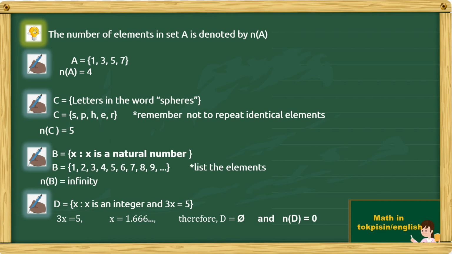Now we can see that 1.66 recurring is not an integer. Therefore, D is equal to a null set. Well, a null set, as we know, does not have any elements. Therefore, the number of elements in set D is equal to 0.